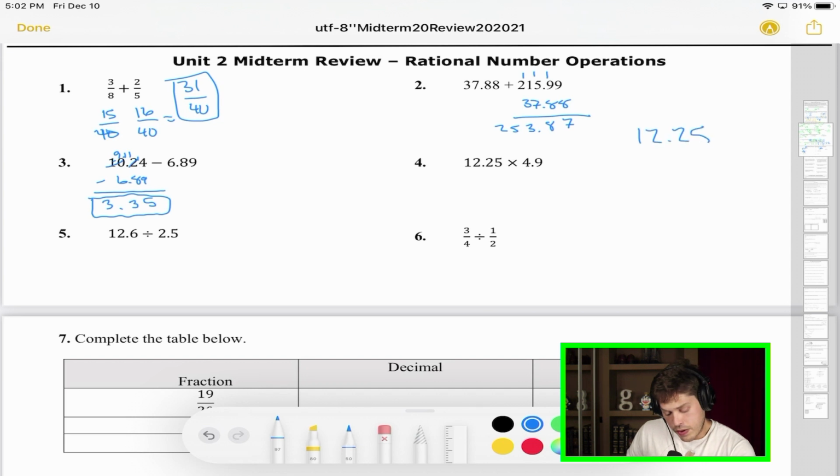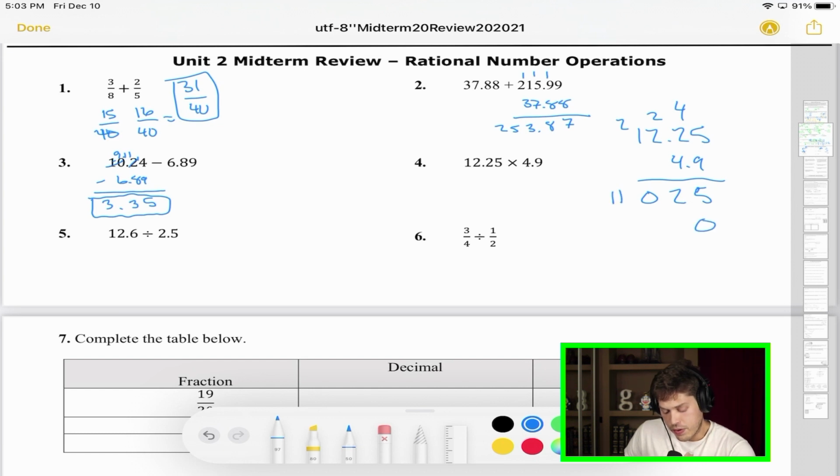We have 12.25 times 4.9. 9 times 5 is 45. 18 plus 4 is 22. 9 times 2 is 18, plus 2 is 20. 9 times 1 is 9, plus 2 is 11.